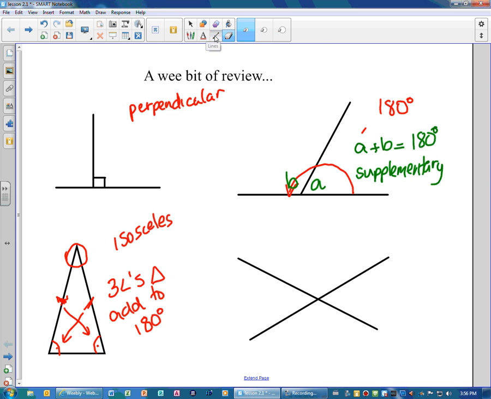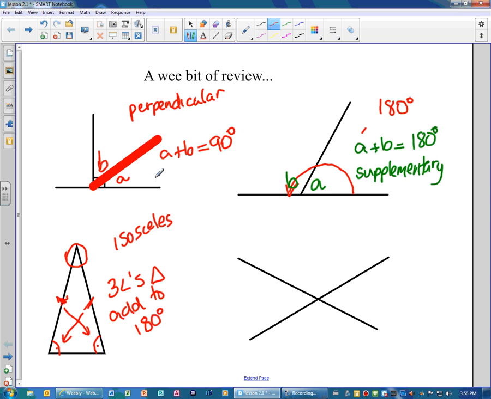If we took a line and we took this 90-degree angle and cut it into 2 parts, let's say, oh, that's a pretty big line, and we labeled this part A and this part B, we could say that A plus B add to 90 degrees, and that makes these 2 angles complementary.